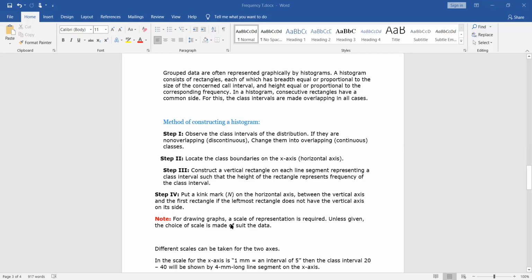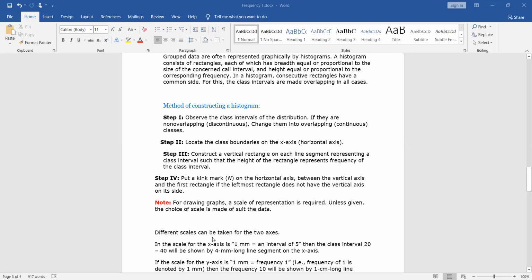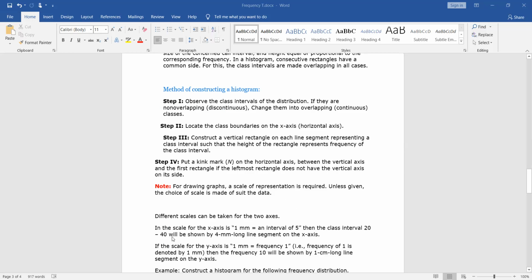For drawing a graph, a scale of representation is required. So when we draw a graph, we need to choose a proper scale which can represent our data, unless given, and the choice of scale is made to suit the data. Different scales can be taken for the two axes, as you have done in the graph of a linear equation.